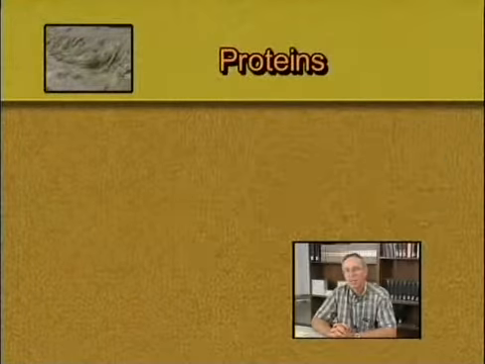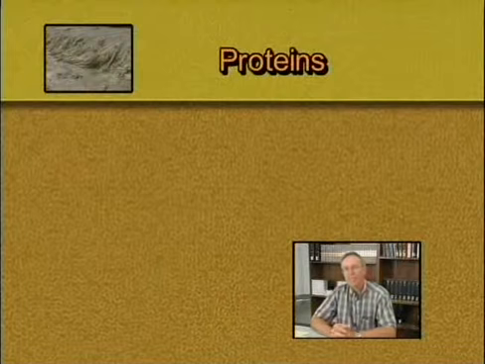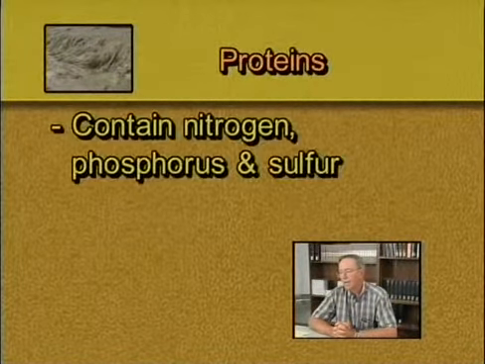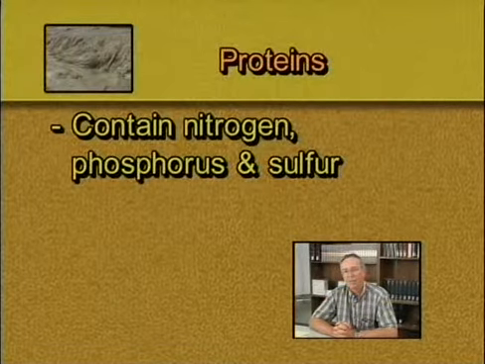And that other source, or a primary source for those elements, is the second group of compounds, which, as a broad group, are called the proteins. Well, we've already said that in addition to carbon, hydrogen, and oxygen, proteins contain the elements nitrogen, phosphorus, and sulfur.